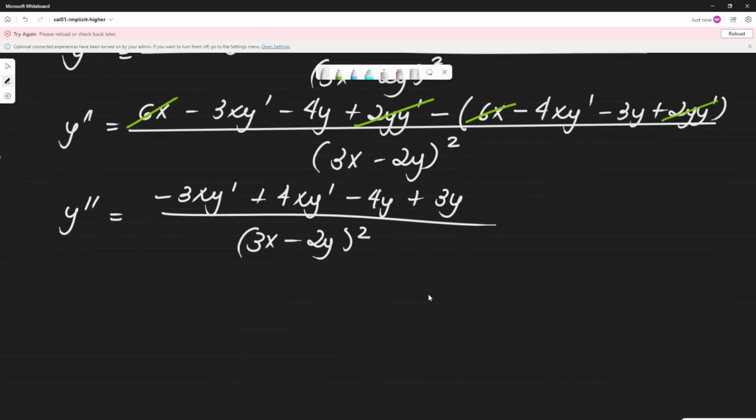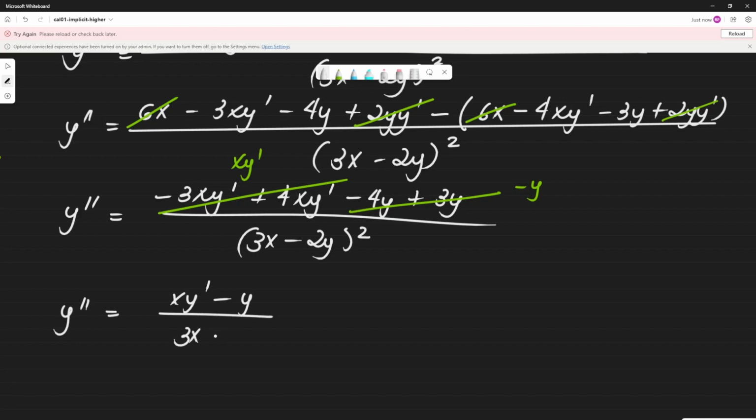Then, simplify na lang natin to. So, this one will leave us xy prime. Then, ito naman ay magbibigay ng negative y. So, y double prime is equal to xy prime minus y over 3x minus 2y quantity squared.